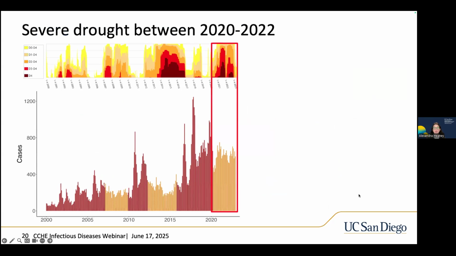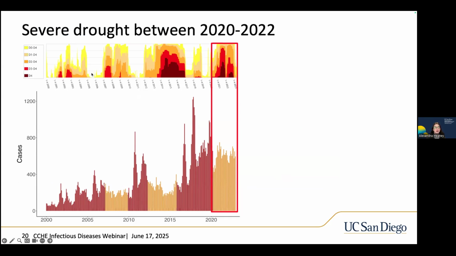After establishing these relationships between valley fever and climate conditions, as many of you who live in California know, there was a very extreme drought that occurred from 2020 to 2022. At the top here, we're seeing the same plot of cases at the bottom that we were just looking at.